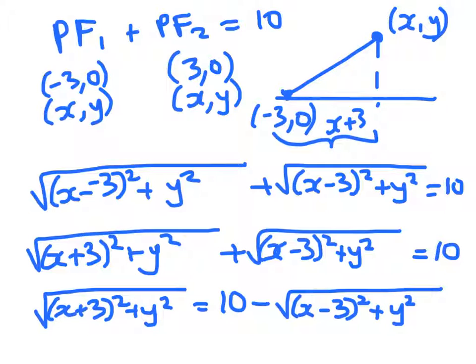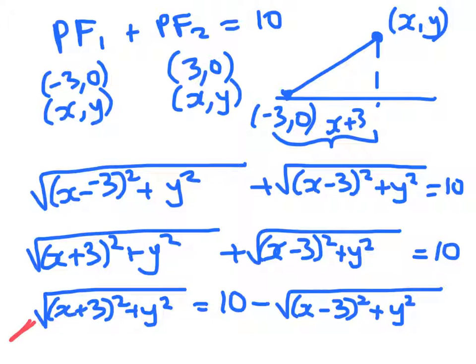The next thing I'm going to do is get rid of the square root on this side by squaring. So if I square both sides, I can get rid of the square root over here, but I'm not going to get rid of the square root over here. Okay, I'm going to have a bit of a mess over here.